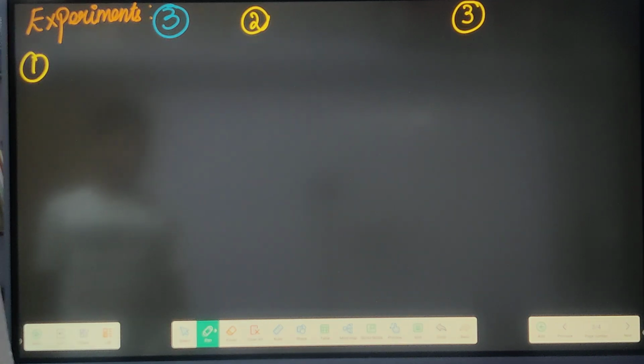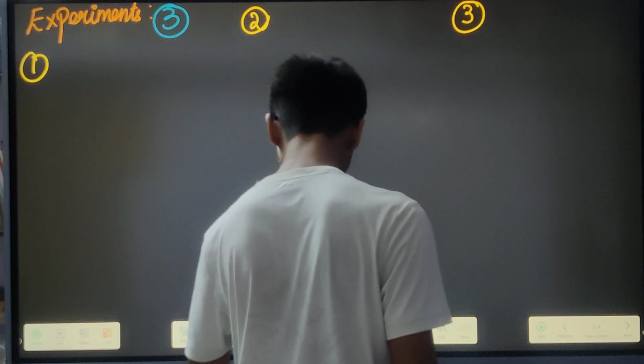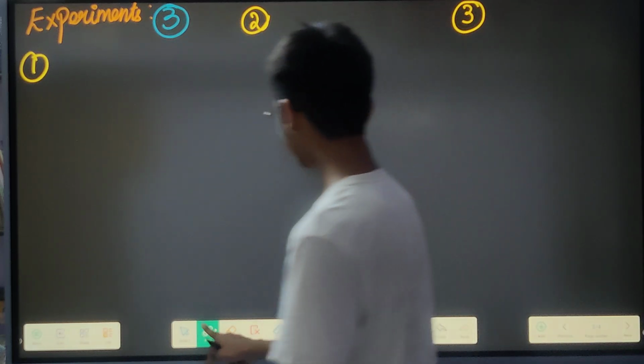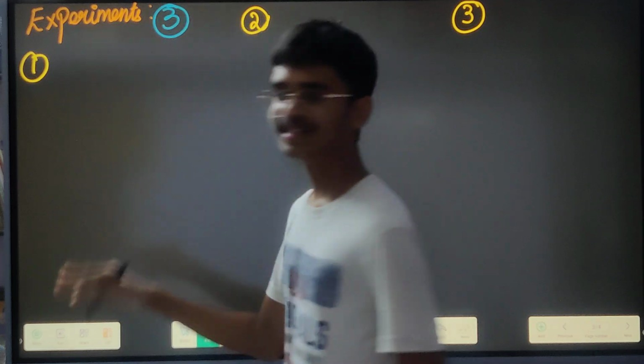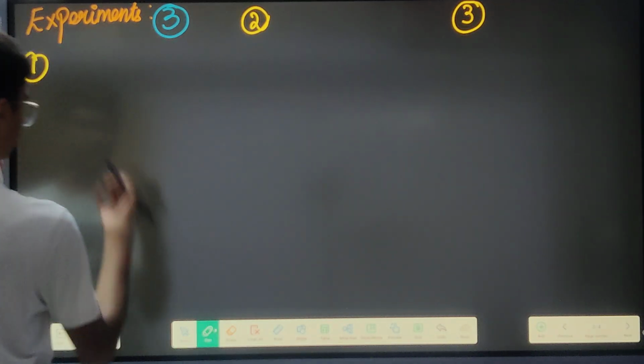Okay, all these 3 experiments are very simple and very easy. The first experiment and the second experiment are literally the same only. There isn't that much of a difference. So what is the first experiment? Here you have a coil.